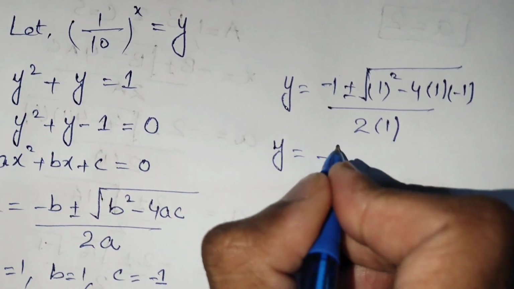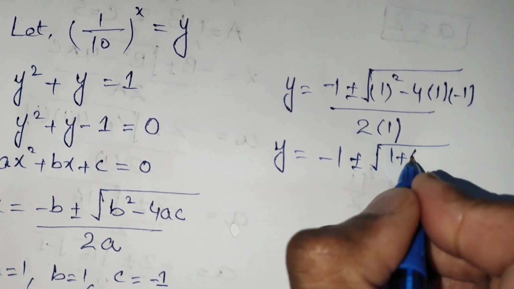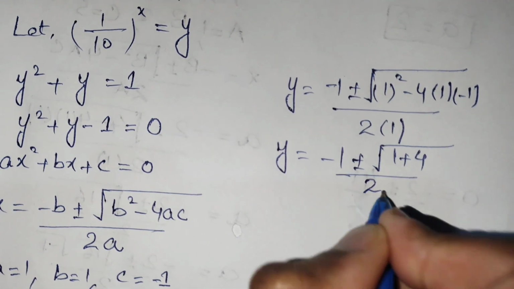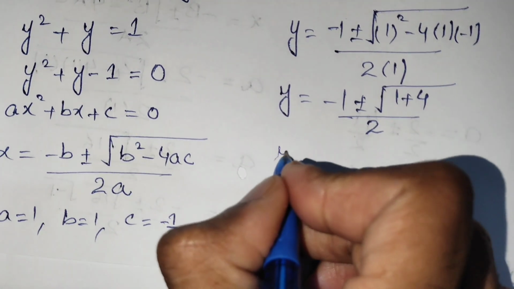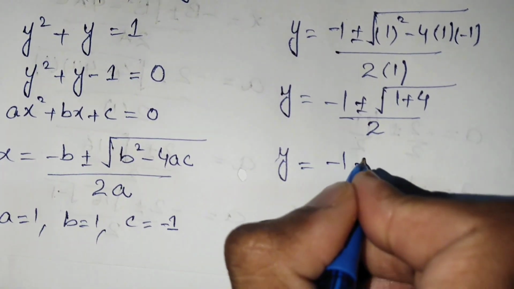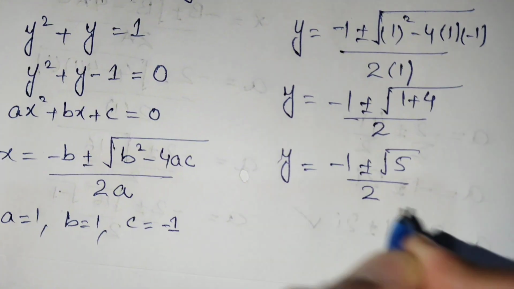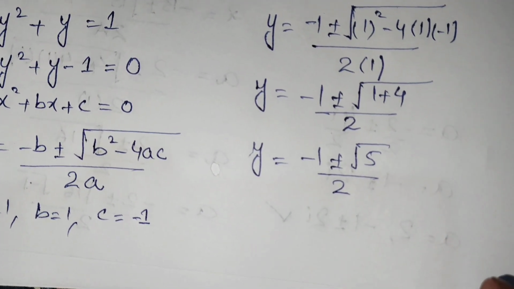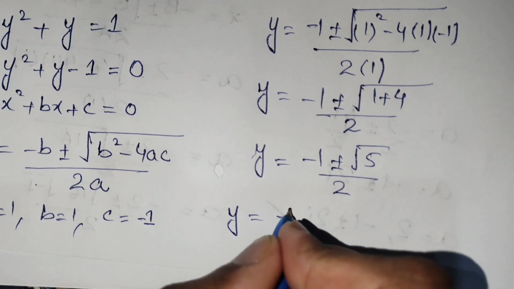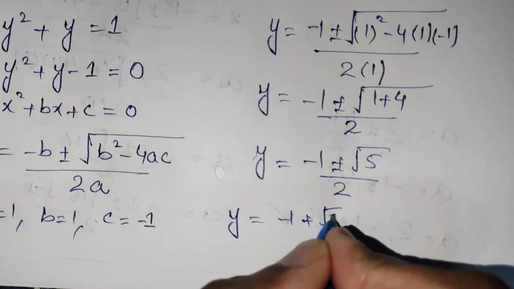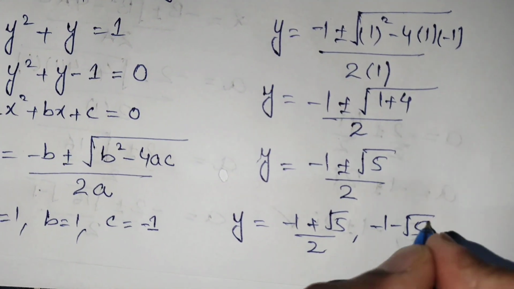Y equals minus 1 plus minus square root of 1 plus 4, divided by 2. Y equals minus 1 plus minus square root of 5 divided by 2. So we have two values of y: minus 1 plus square root 5 divided by 2, and minus 1 minus square root of 5 divided by 2.